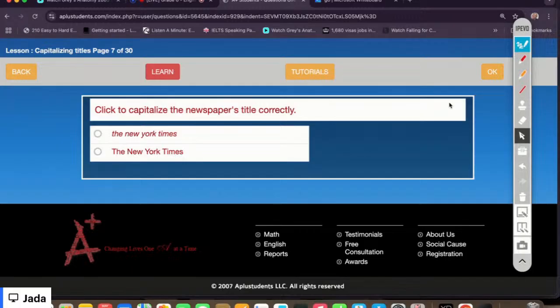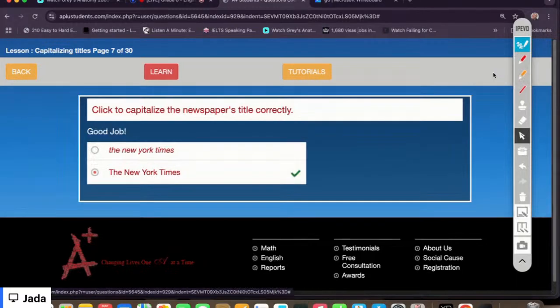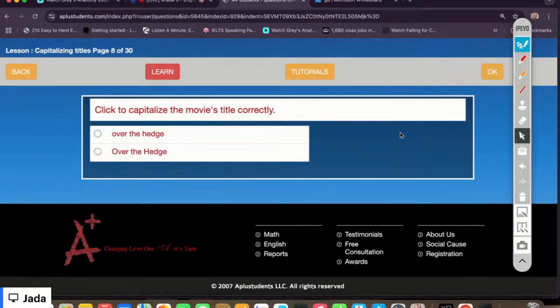Okay, the second. All right, Over the Hedge, is it the first or the second?